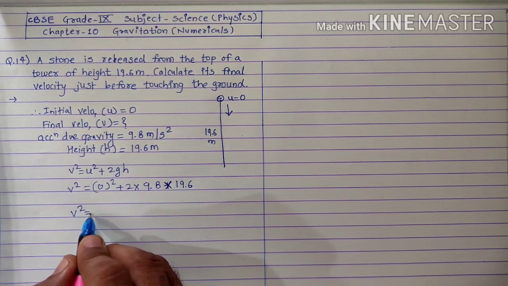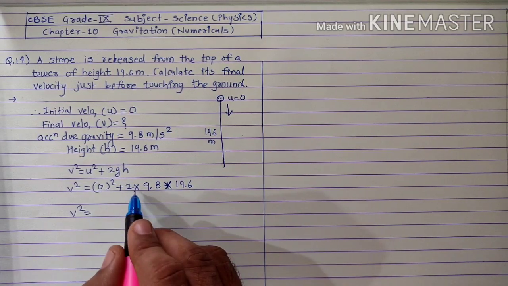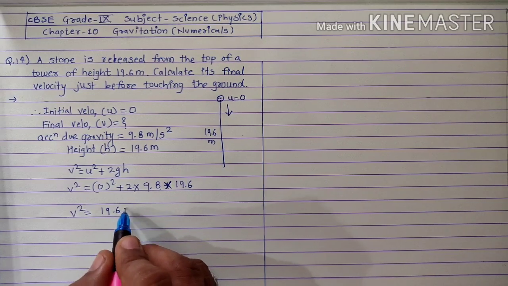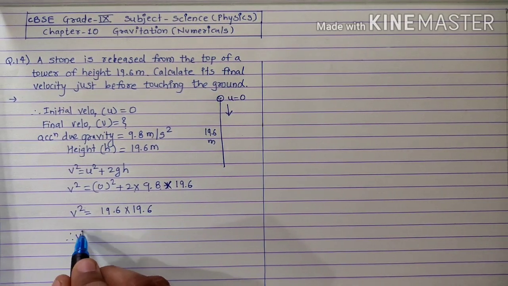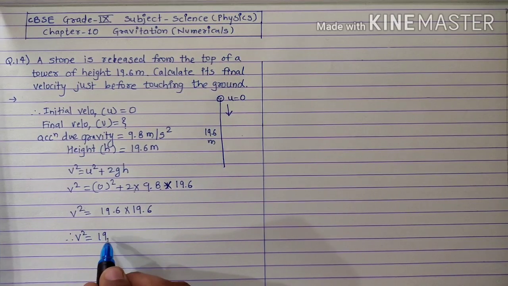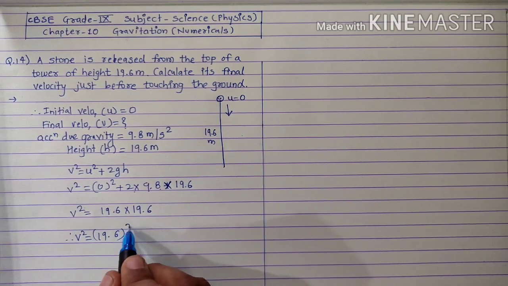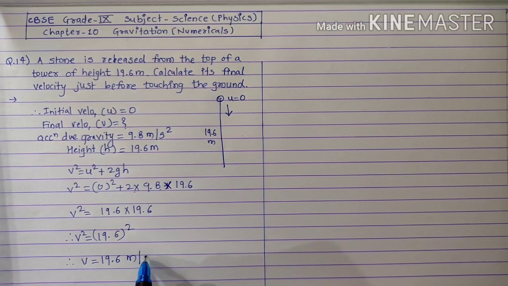So v square is equal to, this will get cancelled because it is 0, 9.8 into 2 is also 19.6, multiplied by 19.6. Therefore we say that v square is equal to 19.6 square, and therefore velocity v is equal to 19.6 meter per second, right?